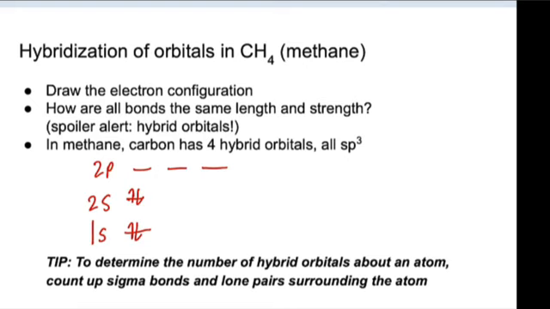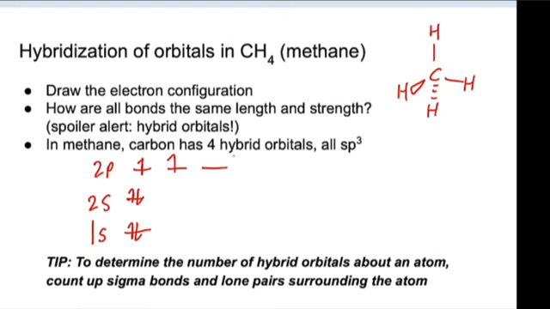So between the 2s and the 2p, we have 4 valence electrons. We've already got 2 in the 2s orbital, and so we fill in 3, 4. But there's no way that this could explain how methane has 4 equal length and equal strength bonds.